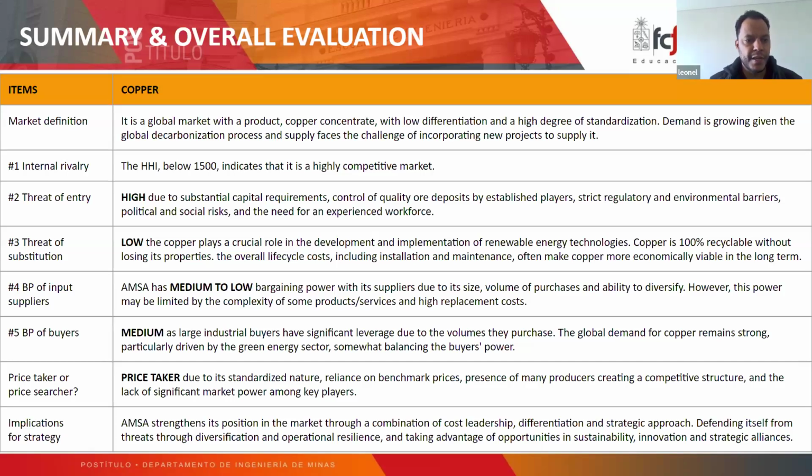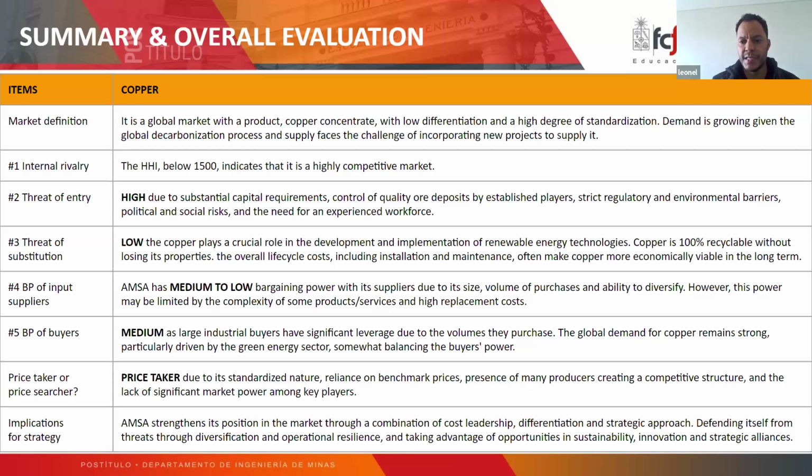In terms of the bargaining power of input suppliers, we consider that Antofagasta Minerals has a medium to low bargaining power. This is due to the suppliers and the size of the suppliers, and the volume of purchases as well. The bargaining power of buyers we consider is medium because there are large industrial buyers that can buy big volumes.